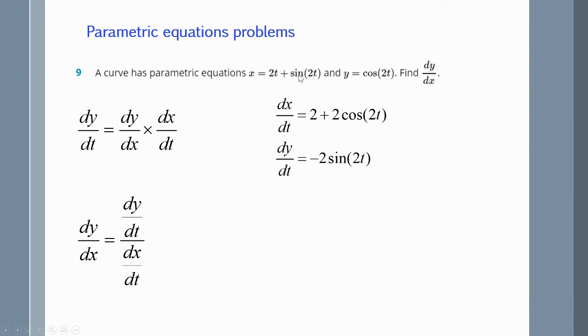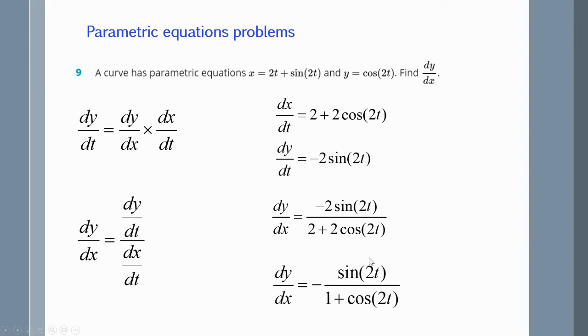Differentiate that: 2 plus 2 cos 2t, and the derivative here is minus 2 sine 2t. We substitute those two derivatives into dy/dx, and the 2's cancel out. So dy/dx is minus sine 2t over 1 plus cos 2t.